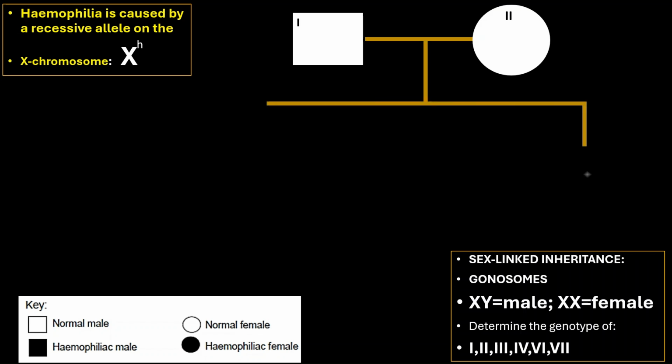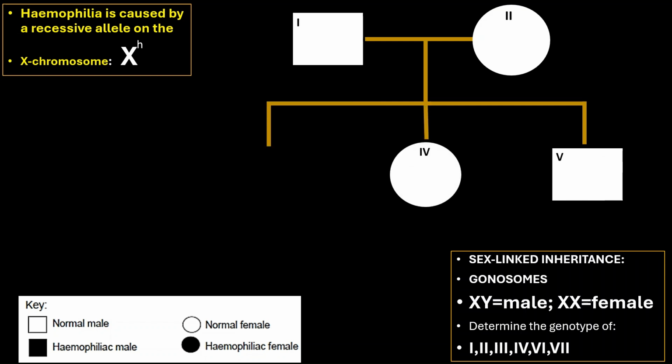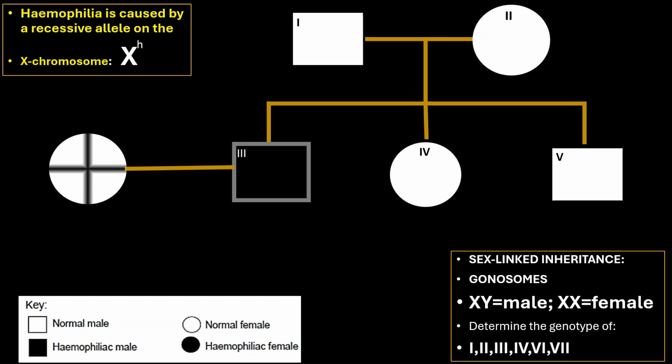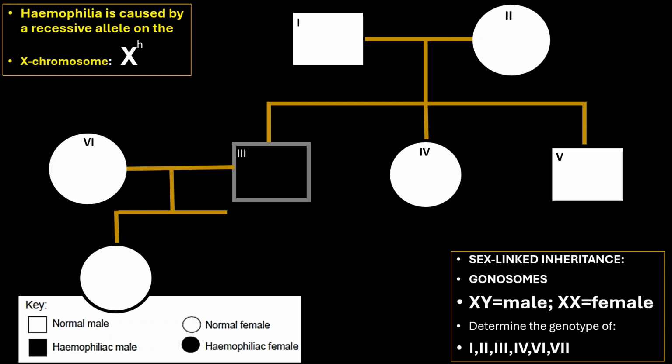They produce a first child, male, normal. Second child, normal. Third child, hemophilic male. He is married to a female who is normal, and they produce two children, a normal female and a normal male.